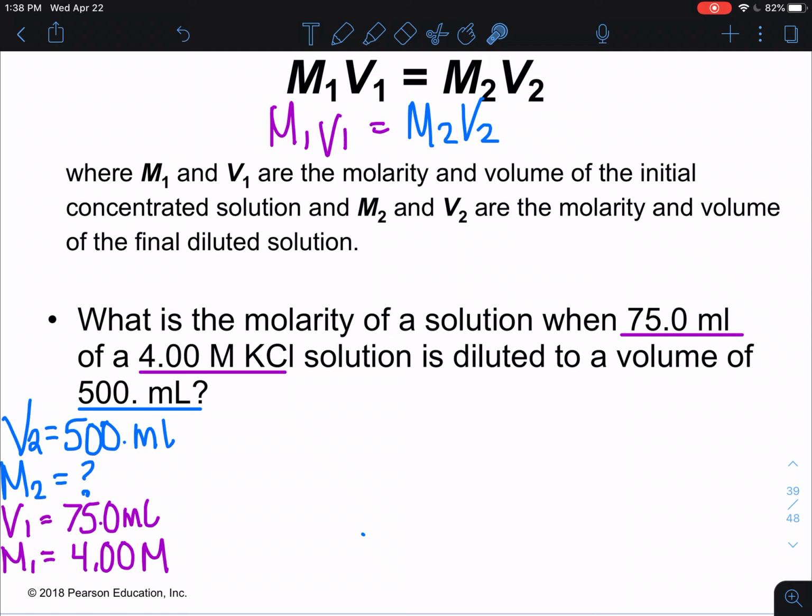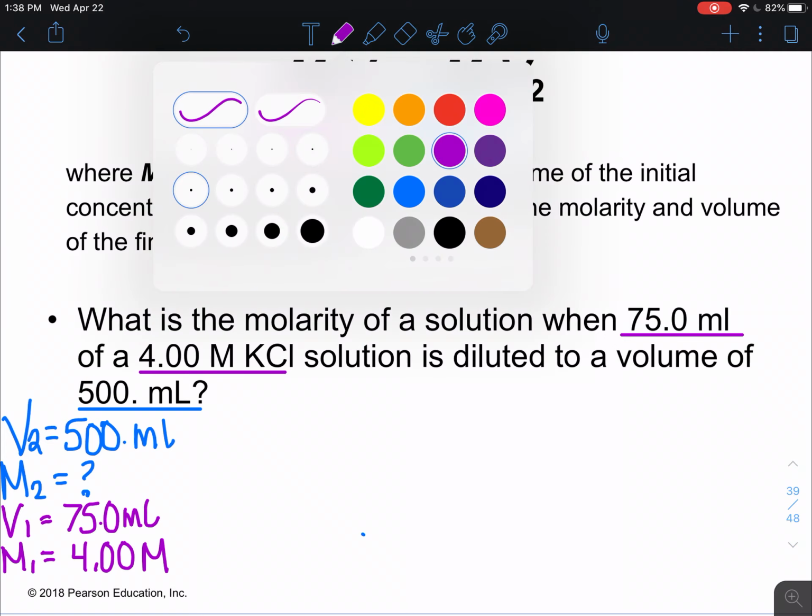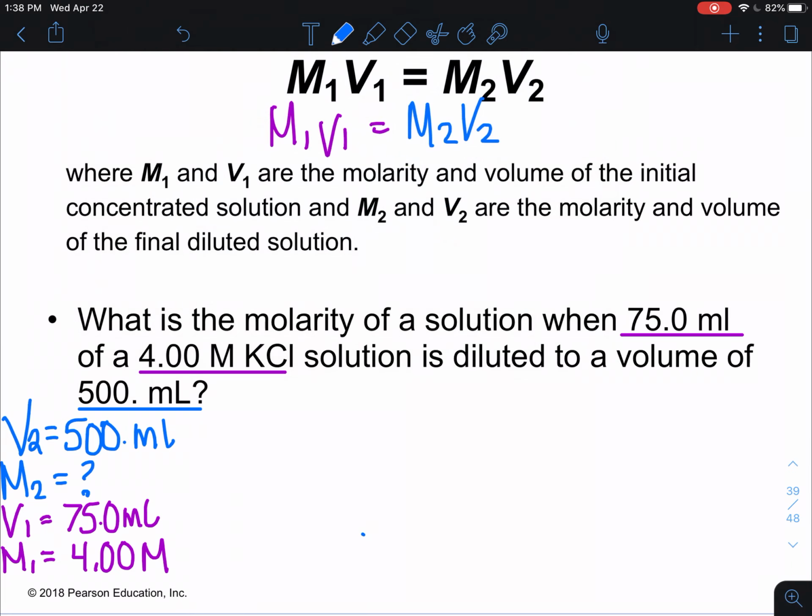Okay, so if we take this and we arrange to solve for M2, I'm going to actually write it up here, M2 is going to equal M1 V1 over V2.